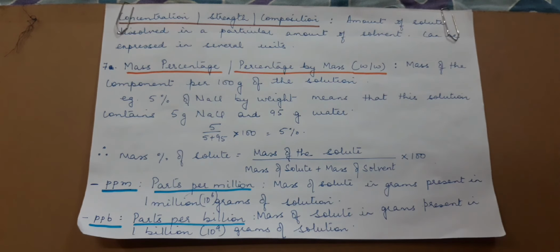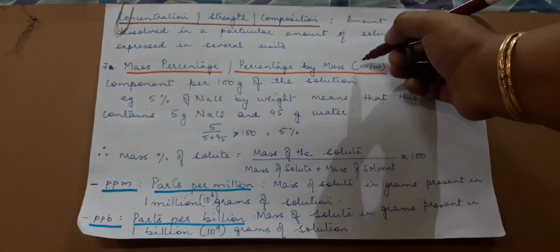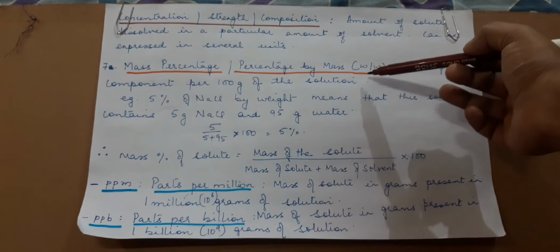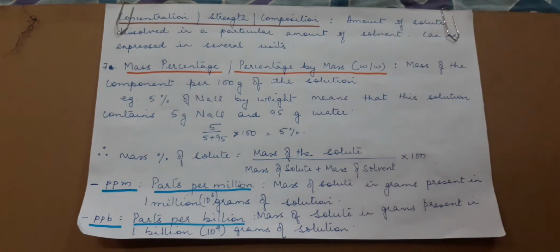The mass percentage means, the word itself will tell you, percentage and mass. That means mass of the component per 100 gram of the solution, because it is mass by mass. W by W is its notation, meaning mass of the solute with mass of the solution.